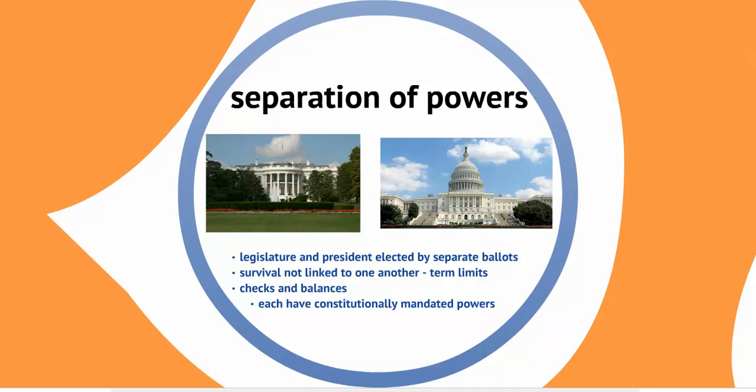The legislature and the executive in presidential democracies are also not linked to one another's survival. Each has its own term limits, and they can't fire one another outside of the very rare circumstances of a successful presidential impeachment. Each branch has its own powers, and they check one another, serving as watchdogs, and each jealously guarding their own constitutionally provided powers.